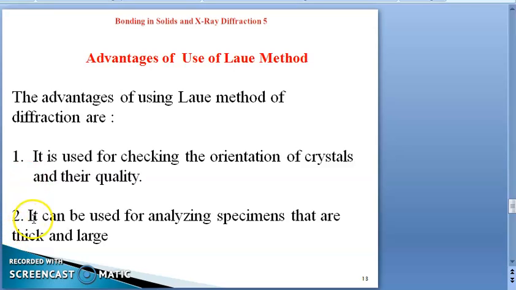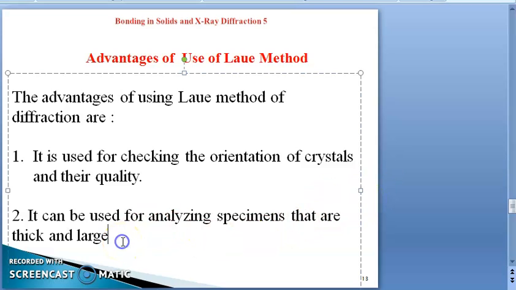Next one is, it can be used for analyzing specimens that are thick and large. For the analysis of specimens which are thick and large, this method is very useful.